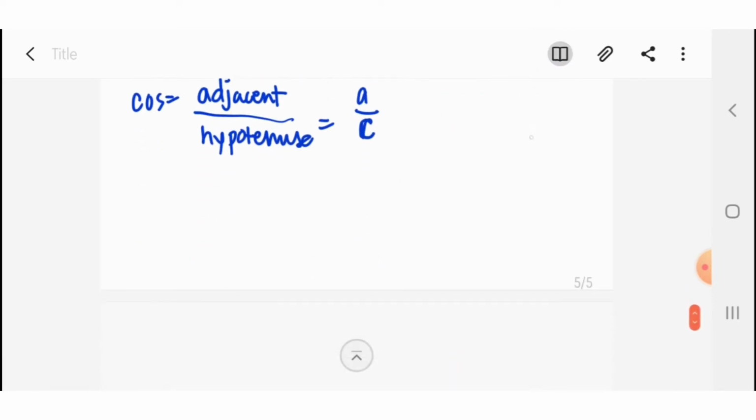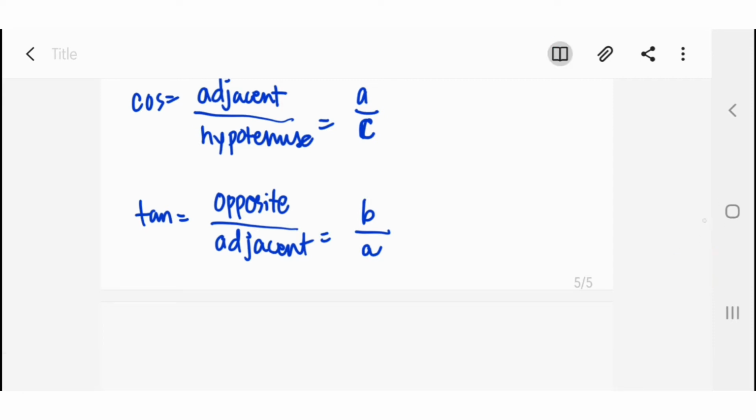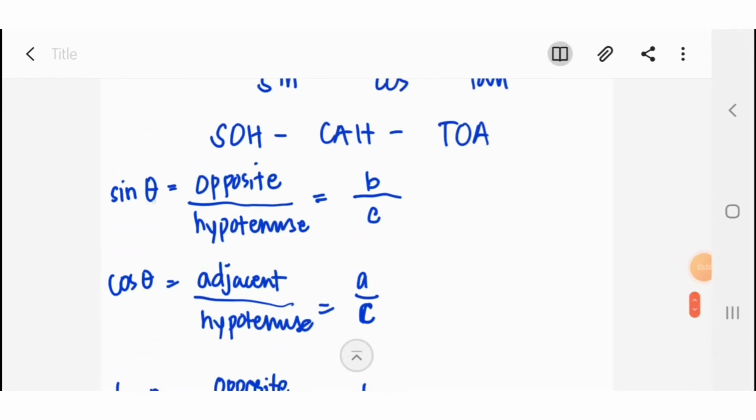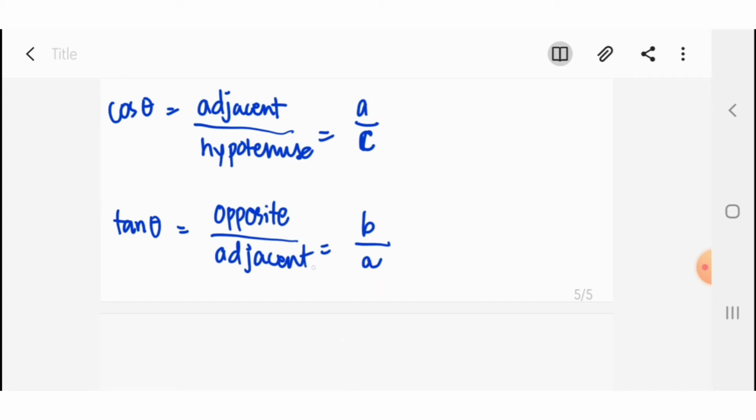TOA means tangent is equal to opposite over adjacent, or B over A. Again, to review, SOH means sine theta equals opposite over hypotenuse, or B over C. CAH means cosine theta equals adjacent over hypotenuse, equals A over C. And TOA means tangent theta equals opposite over adjacent, equals B over A.